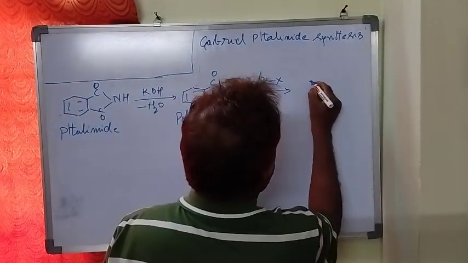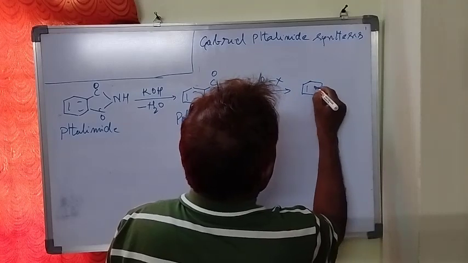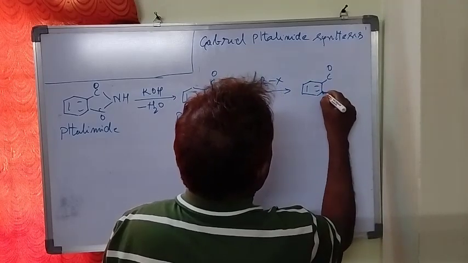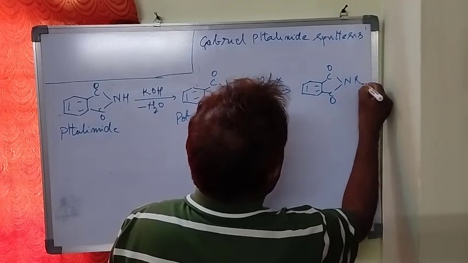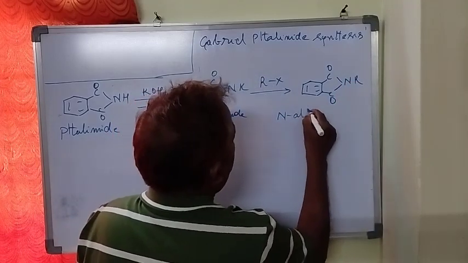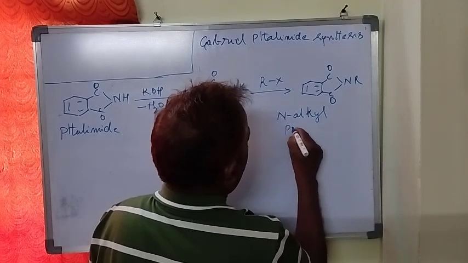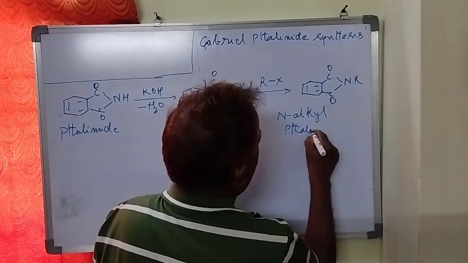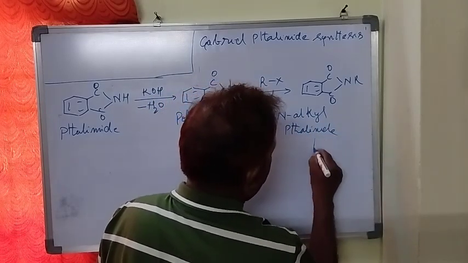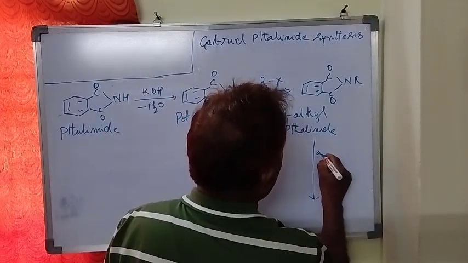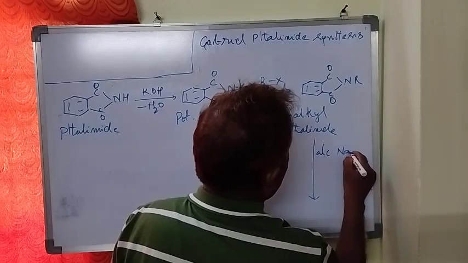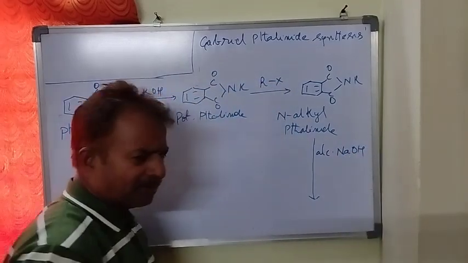So what do we get here? NR. This is N-alkyl phthalimide. This N-alkyl phthalimide is treated with alcoholic sodium hydroxide, alcoholic alkali.